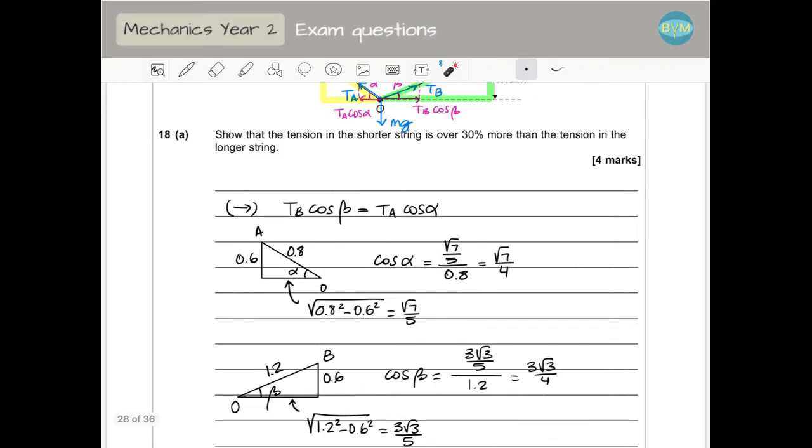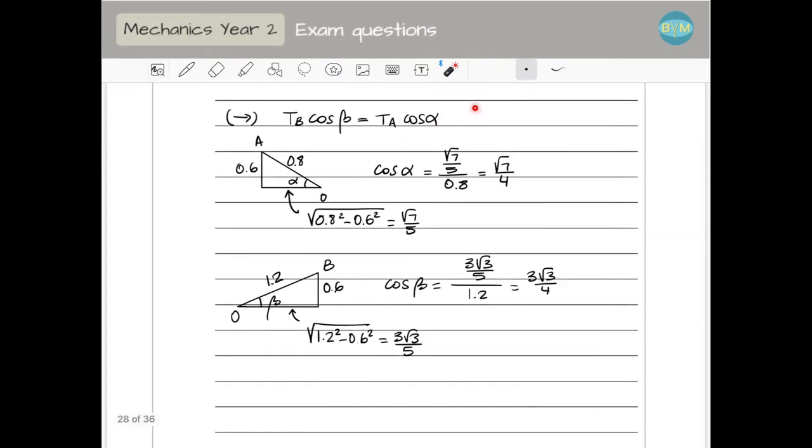And then if I go back to my connection between TA and TB and substitute cos beta by this one and cos alpha by this one, this equation is going to look like TB times 3 root 3 divided by 4 is TA times root 7 divided by 4, which means TA, that is the one that is 30% more than the other, is this value divided by this value.